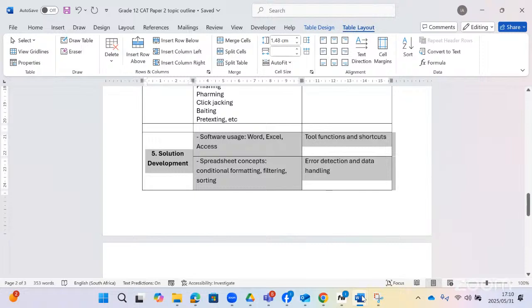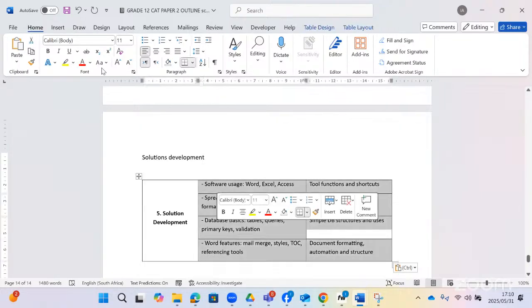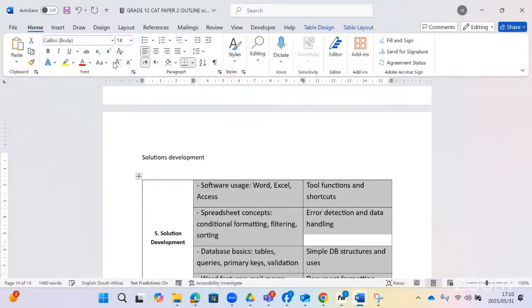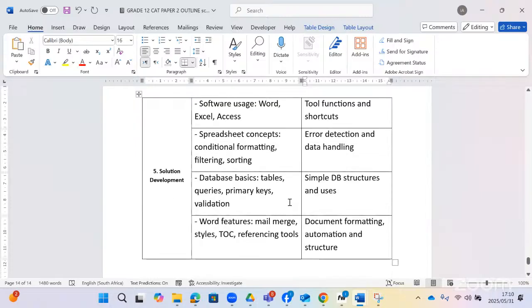They can ask various types of questions, for example using these software: Excel, Word, and database, the tools and shortcuts, Excel error detection, conditional formatting, filtering, database basics like the table, the query, the primary key, validation rule, and Microsoft Word, for example, mail merge.